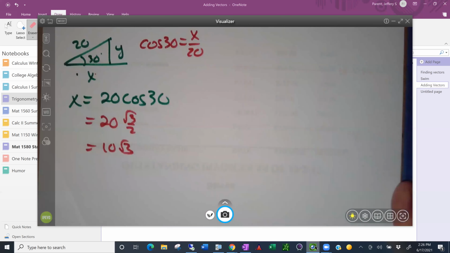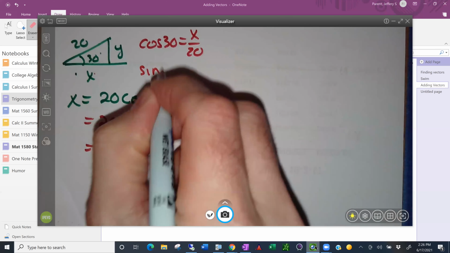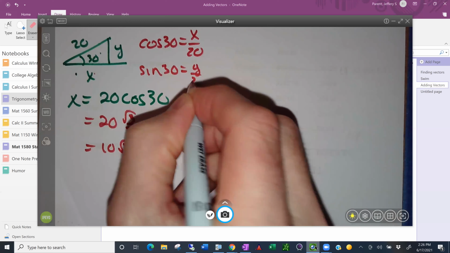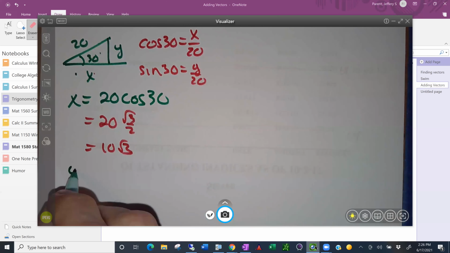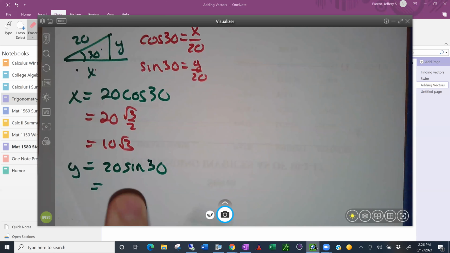And I have to do the same thing in the y direction. Sine of 30 is going to be y over 20. Multiply both sides by 20. Sine of 30 is 1/2.